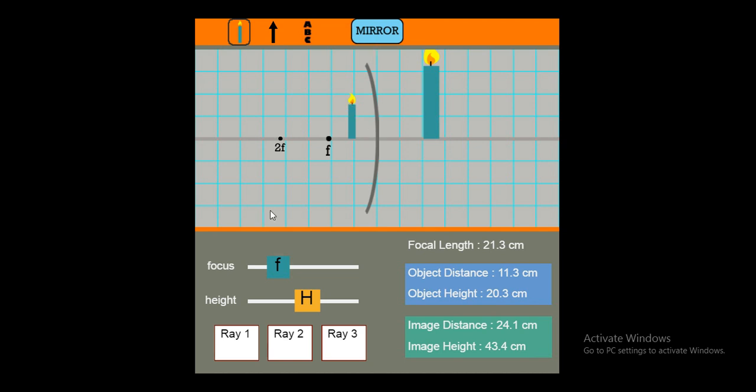Likewise, we can identify how the image is formed. There are especially 5 instances we discuss.